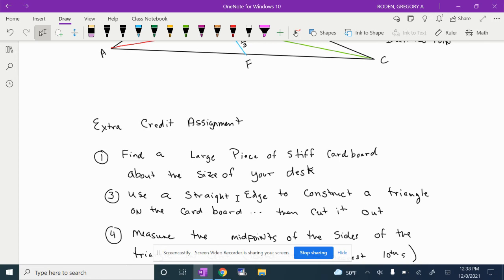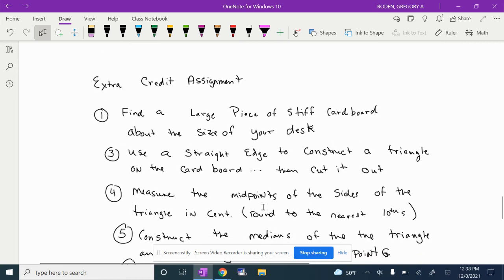It can be a little smaller or larger, but make sure it's stiff. Don't get poster board because it's floppy and won't work. Use a straight edge to construct a triangle on the cardboard, then cut it out. Try to use as much of the cardboard as possible. I don't want little teeny triangles; I want very nice sized triangles.